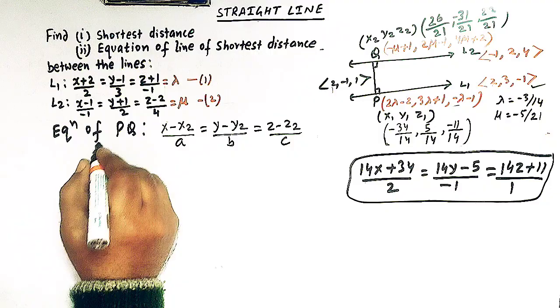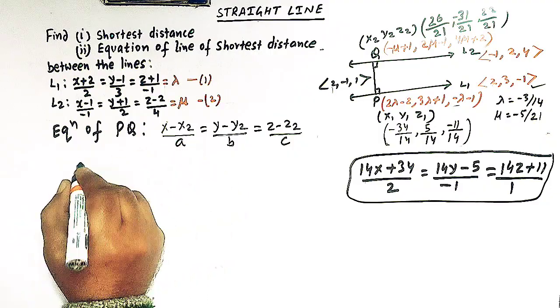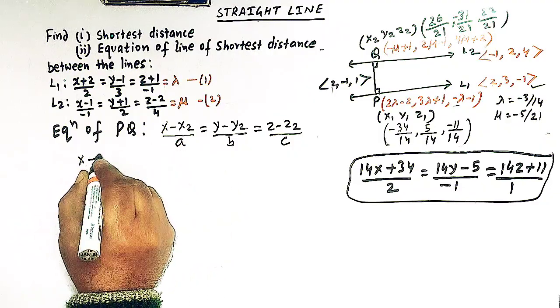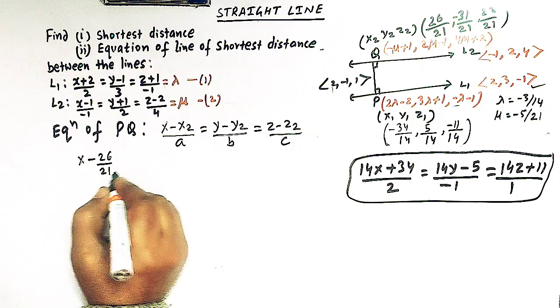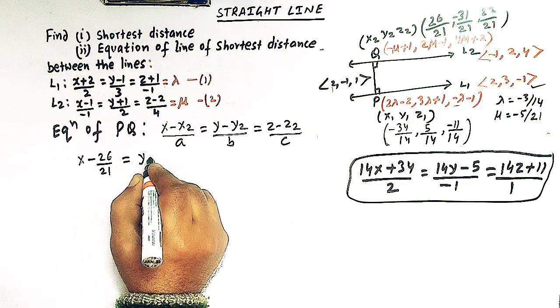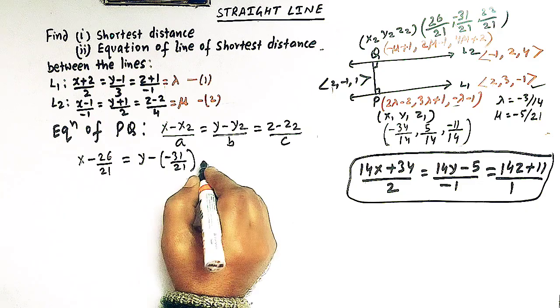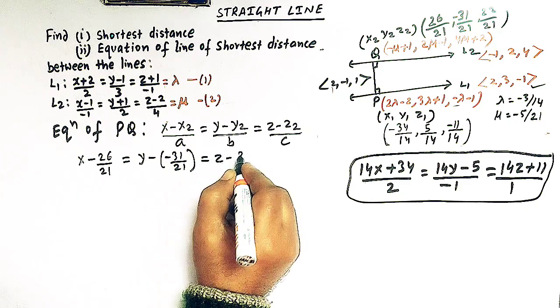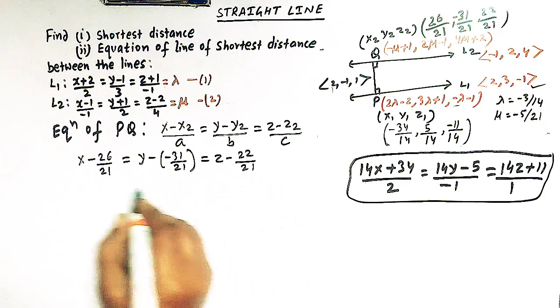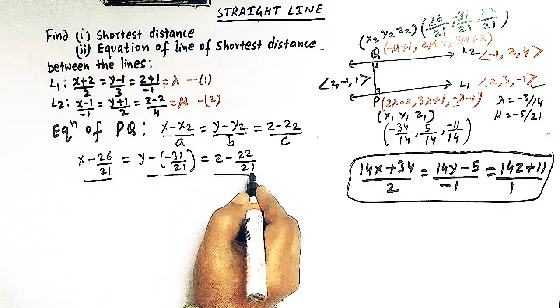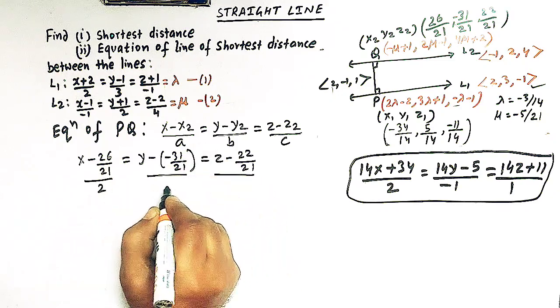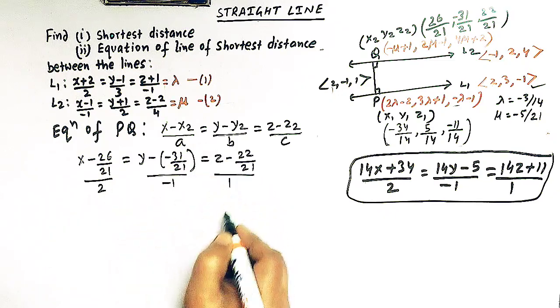So in this case the equation can be written as (x minus 26/21), (y plus 31/21), and (z minus 22/21), and in the denominator we have 2, minus 1 and 1.